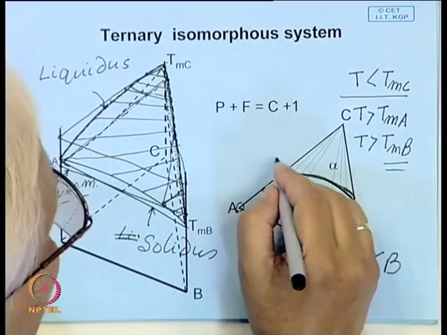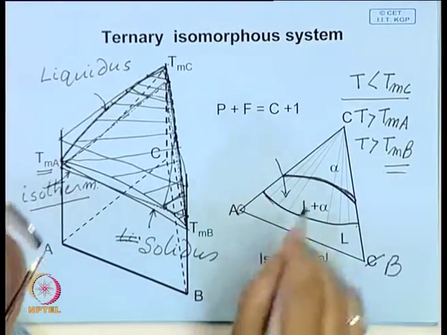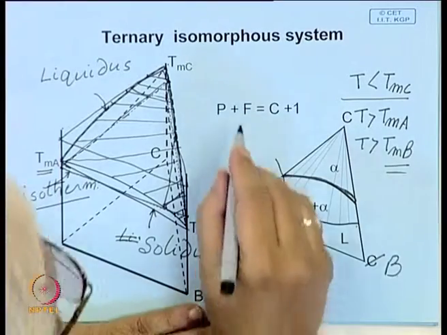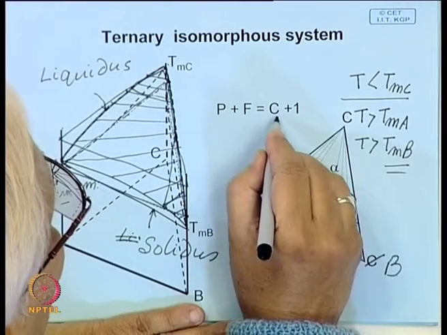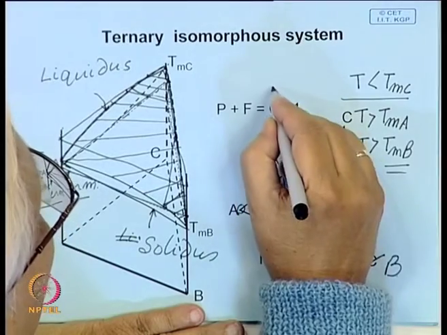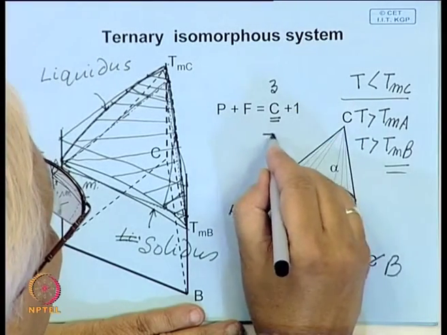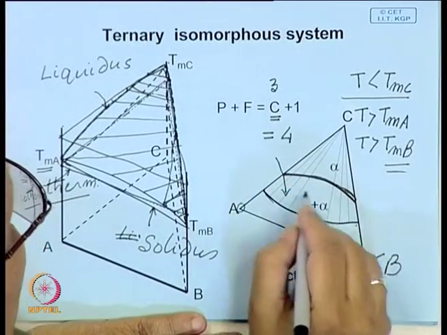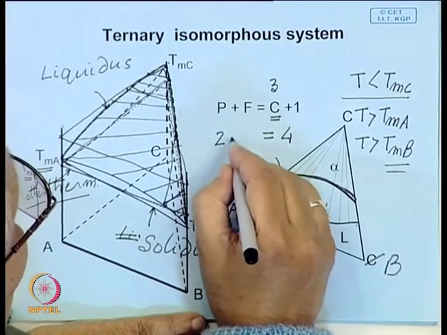Now, look at this condition where two phases are coexisting together. If you apply the phase rule, what do you get? This is a ternary system, so the number of components is 3, and this equals 4. The number of phases coexisting, P, is 2.